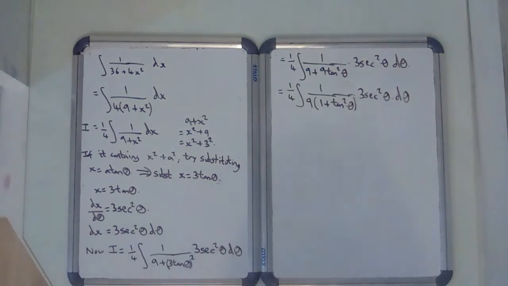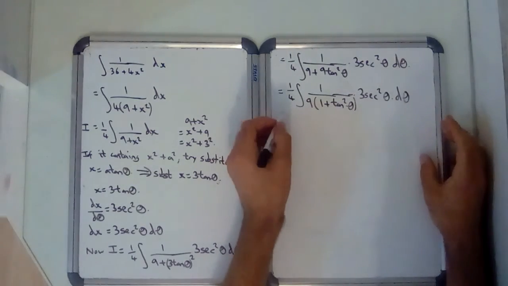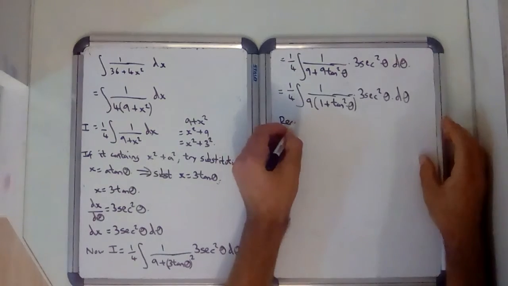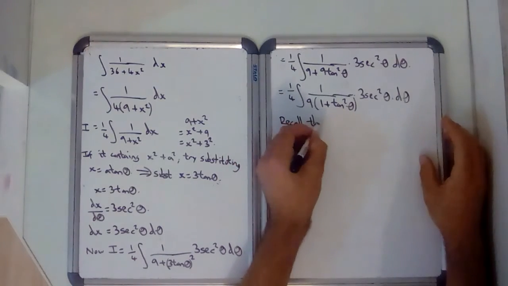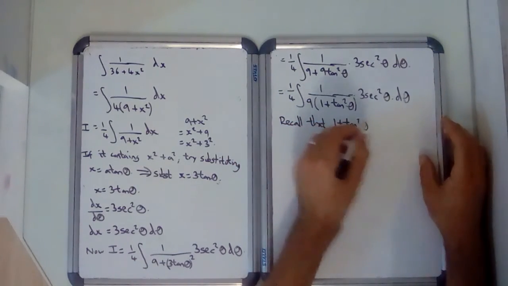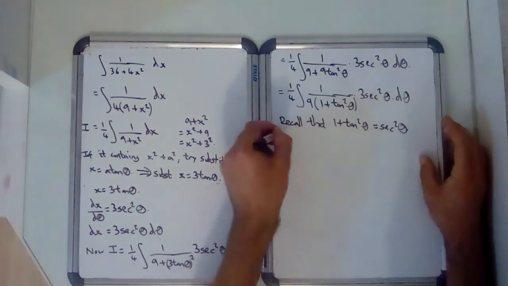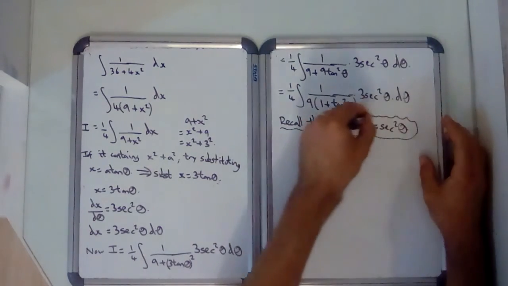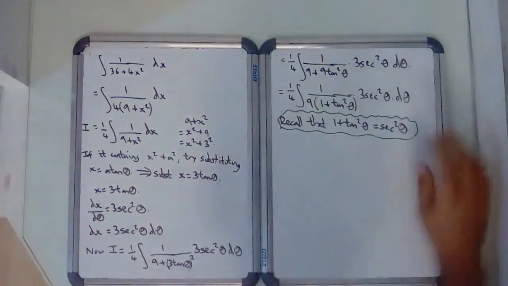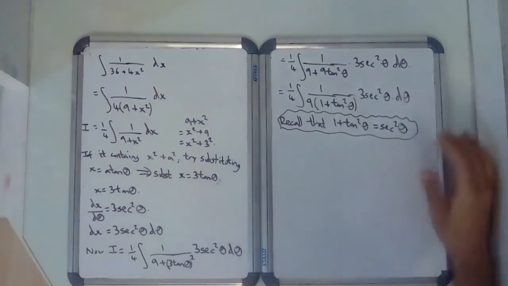Right, so now if you consult your formula booklet, there is a really helpful identity in the trigonometry section. So recall that 1 plus tan squared theta equals sec squared theta. So this is really handy right now because it's going to get us this sec squared theta that's going to cancel with that sec squared theta.